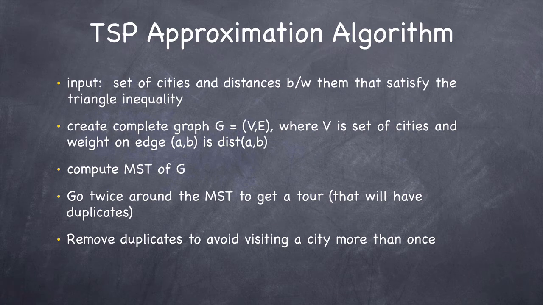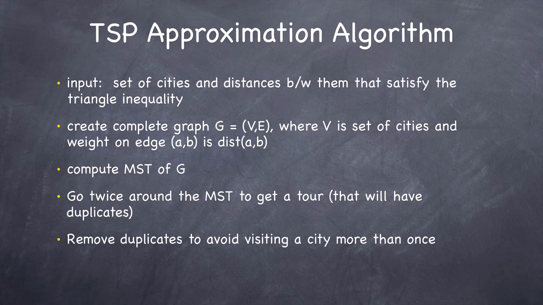Okay, now we want to devise an approximation algorithm for this metric traveling salesman problem. As an input, we are given a set of cities and distances between any pair of them, such that the triangle inequality is satisfied. Then we create a complete graph where the set of nodes is the set of cities, and the weight on each edge between two cities is the distance between them.